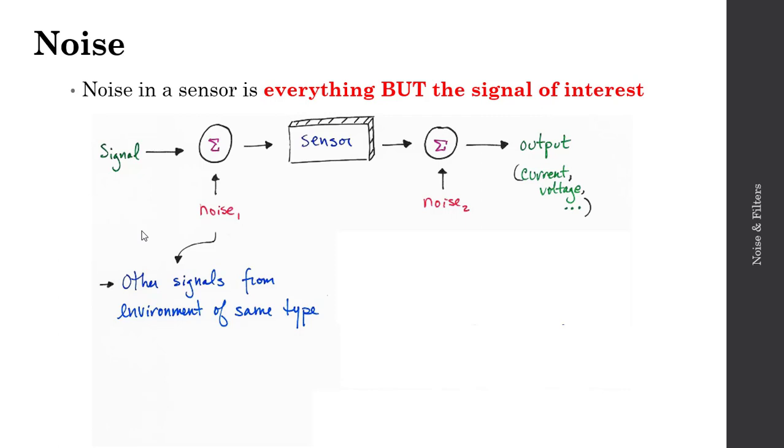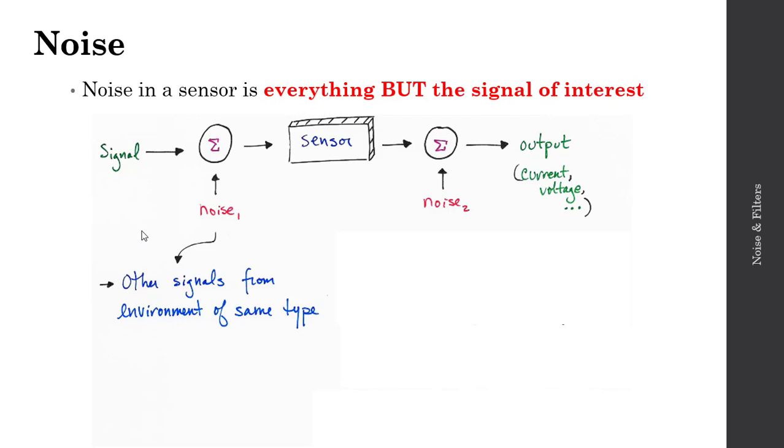So there's a potential for vibrations from the cars driving by to couple into the signal. And so I might ultimately be measuring some vibrational component from this noise source from the cars driving by, rather than the measurand of interest that I'm probing with my accelerometer. So this would be an example of noise 1, this first type of noise that can couple in.